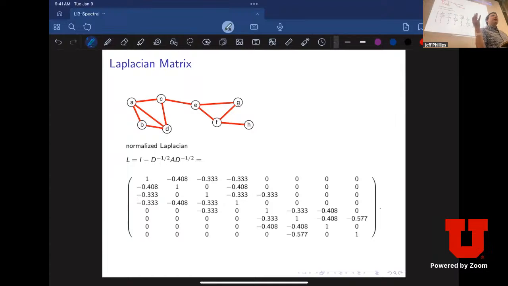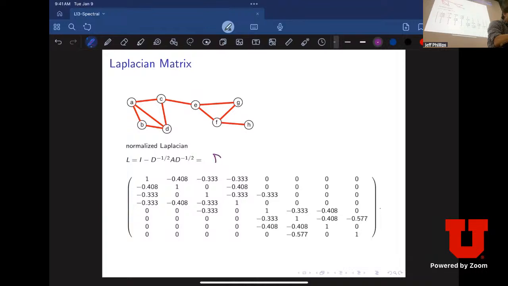The degree being high, I want to know how it's connected to other things, not whether its degree by itself is high. So the Laplacian is the identity matrix, which is all ones with zeros everywhere else, minus this normalized term, which is D to the minus 1/2 multiplied on both sides of the adjacency matrix.